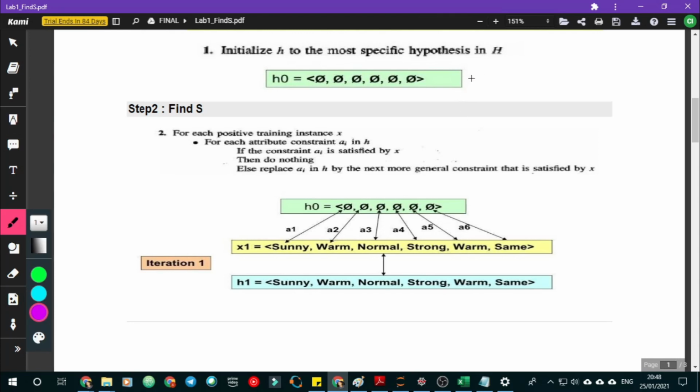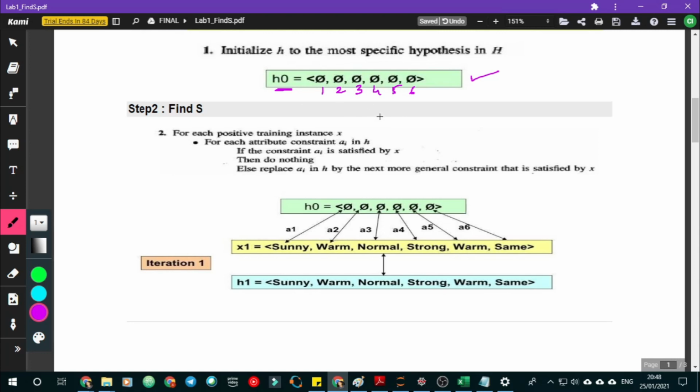We have already discussed this, because we are making the initial hypothesis. We name it H naught, and we have 1 2 3 4 5 6 null values. Why do we have 6 null values in the hypothesis?